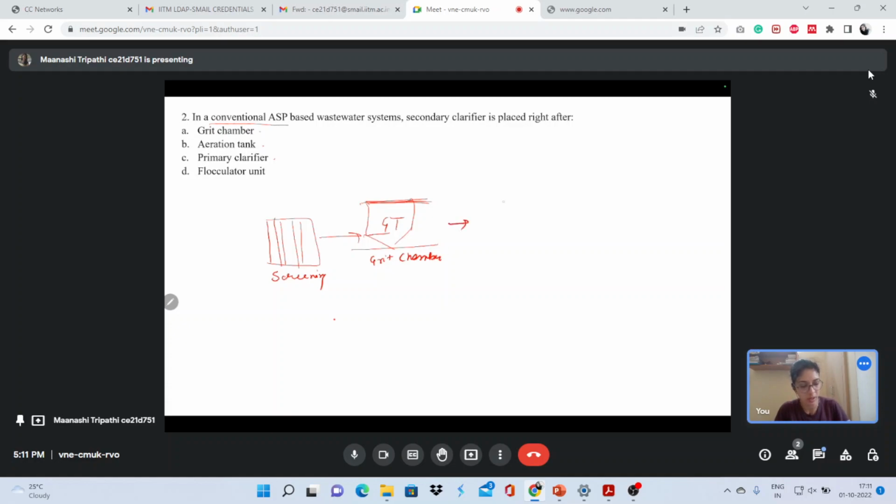Now it will go for some primary sedimentation tank. Now here ASP will come. In ASP, first treatment is aeration tank.